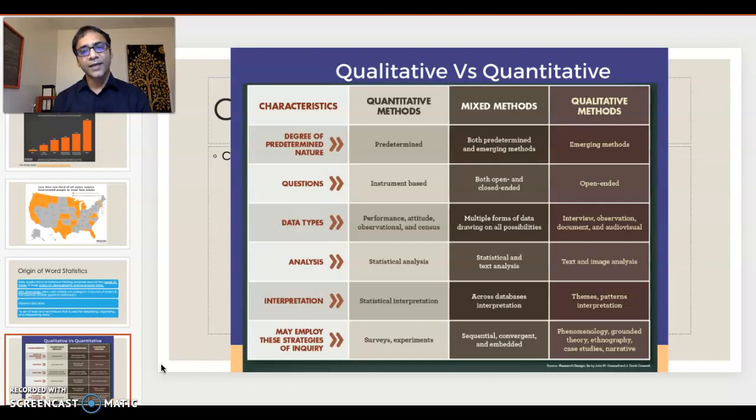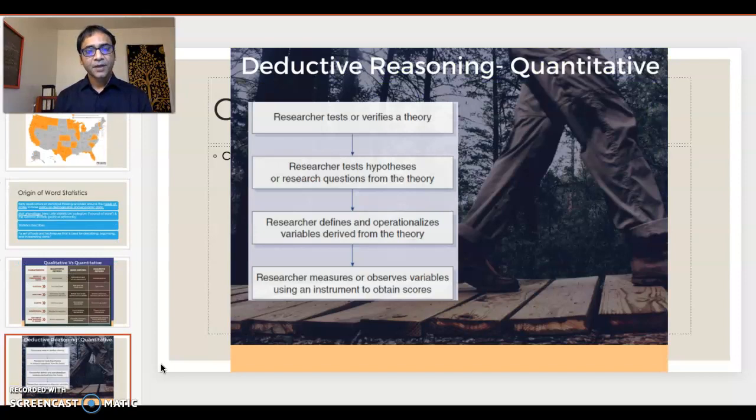So a lot of exploratory questions, and as you interact with them as a researcher, you will get more detailed answers on those qualitative questions. Then you analyze them based on themes and patterns, and so these are 2 broad categories.